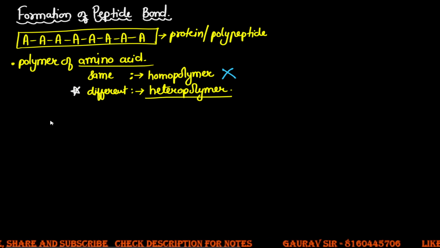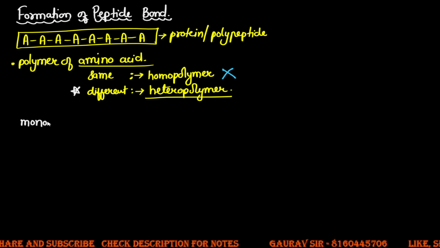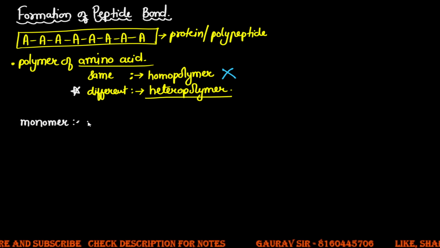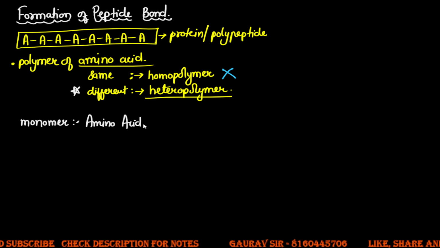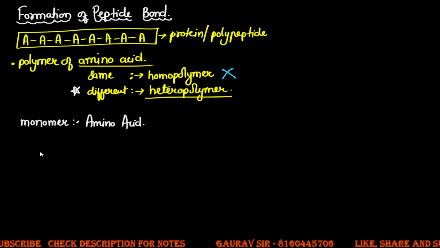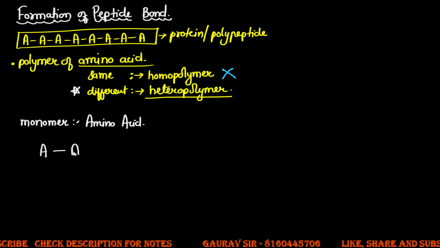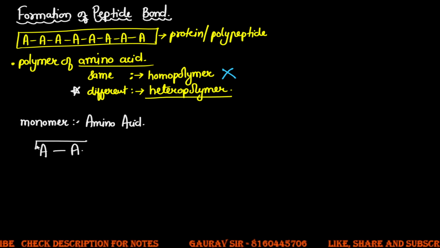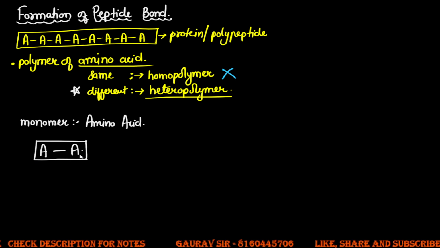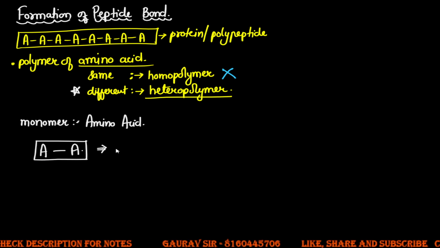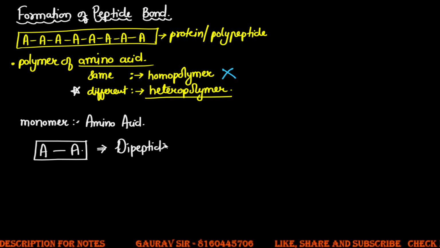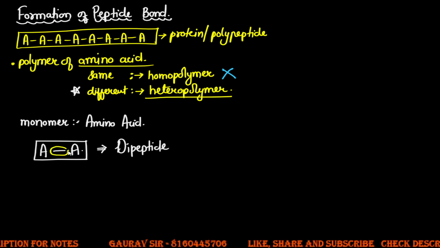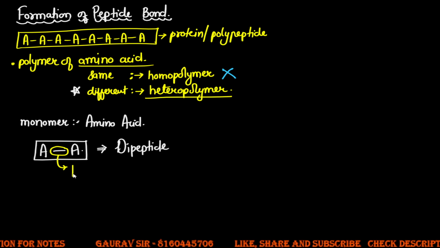Here, the monomer in the case of the protein would always be an amino acid. When two different types of amino acids come together, they form something called a dipeptide, and the bond formed between these two amino acids will be called a peptide bond.